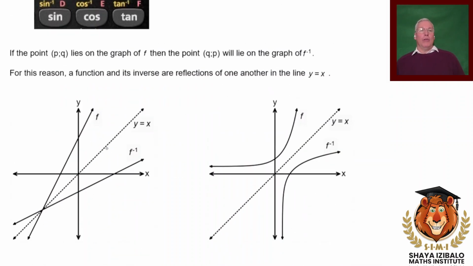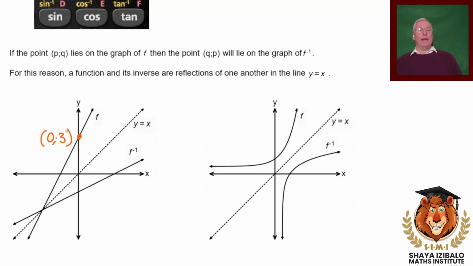Right, now, because with an inverse, our x values, our inputs become outputs, and our outputs become inputs, a function and its inverse are always reflections of one another about the line y equals x. So for example, here's a point. Let's suppose that point is (0, 3).